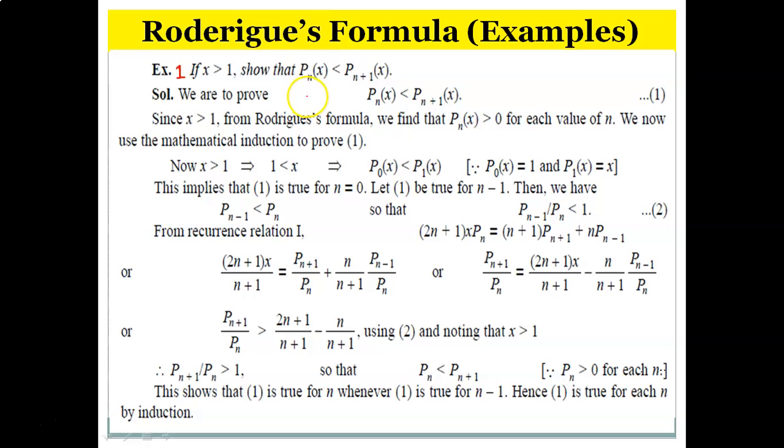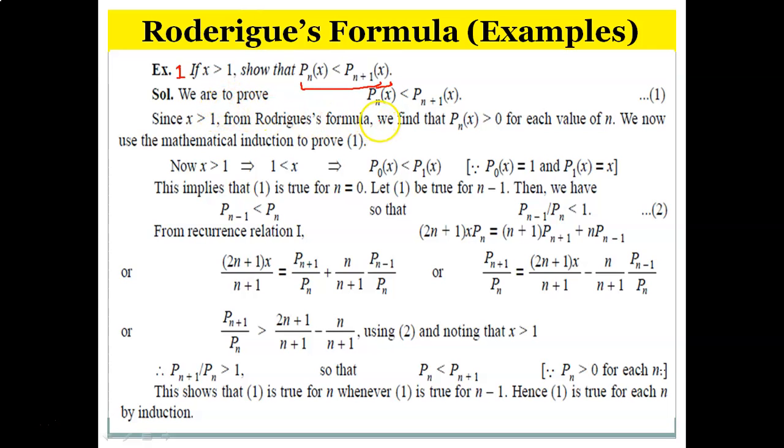And you know, in the principle of mathematical induction, we prove a given result for n equal to sometimes 0 or 1 or 2, whatever is feasible. We prove this general result for n equal to 0 or 1 or 2, whatever be the case, and then we assume it for n equal to n minus 1, and then we prove it for n equal to n. So this is the procedure to solve a problem using the principle of mathematical induction.